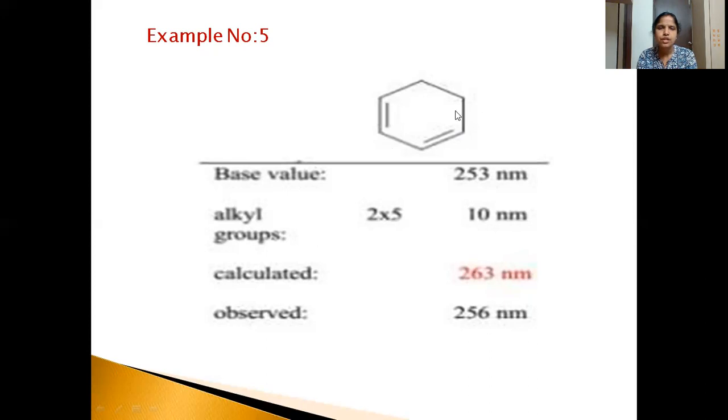So there are 2 ring residues. For each ring residue, it is 5 increment. So total 2 into 5, it is 10 nanometers. And it is not having any exocyclic. So just 2 values, 253 plus 10, it is 263 nanometers. And the observed value was found to be 256 nanometers.